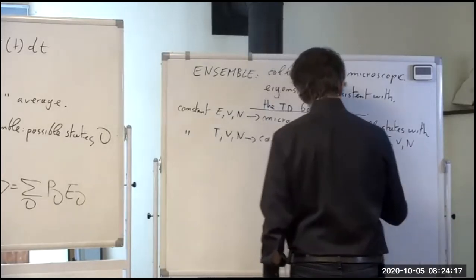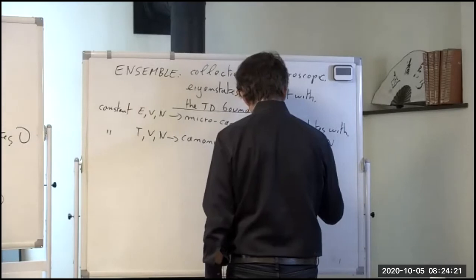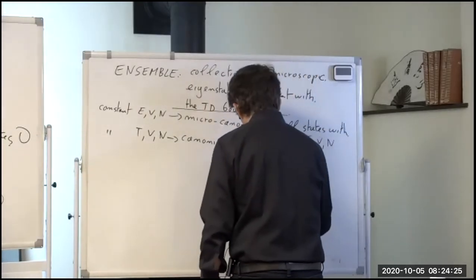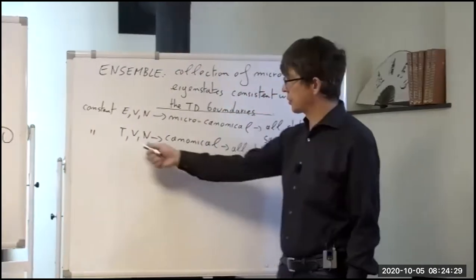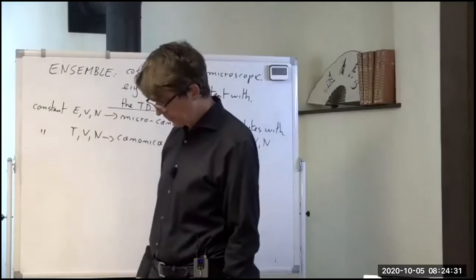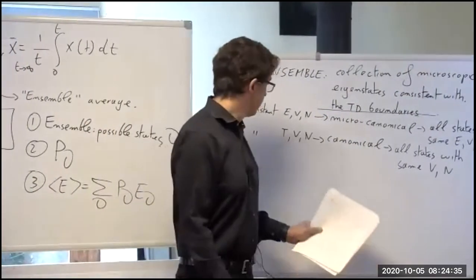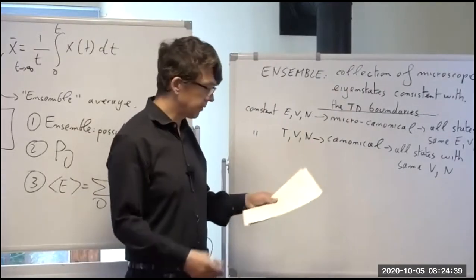And this is now all states with the same volume and number of particles that are specified by the boundary conditions. But we cannot specify the energy because the thermodynamic boundary condition allows the energy to fluctuate.